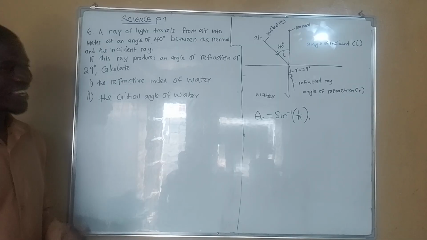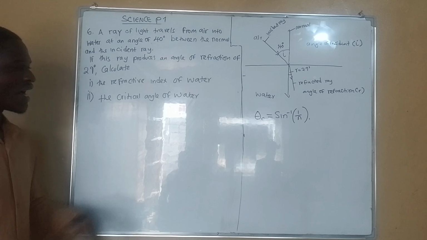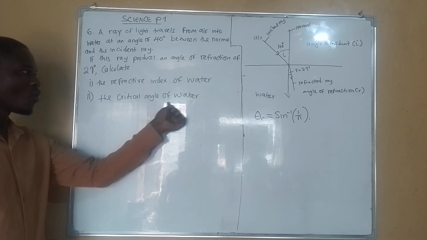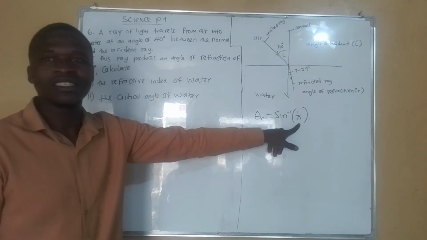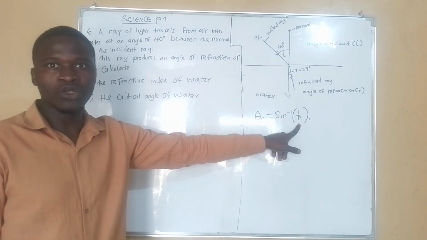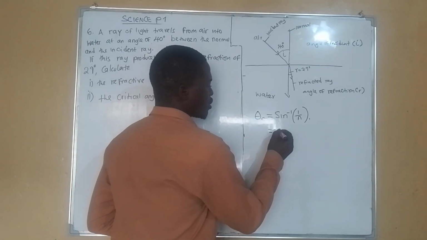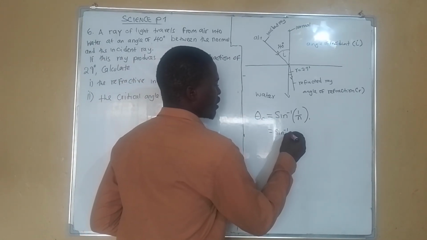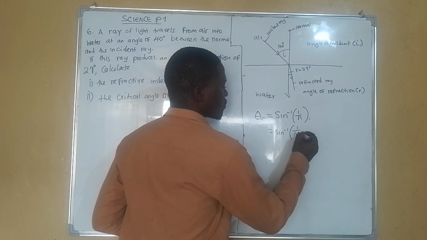What is n? n is the refractive index, isn't it? And in this case, the critical angle of water, meaning the index that you are using is for water here. Is it okay? So now the critical angle is equal to sine inverse 1 over 1.33.